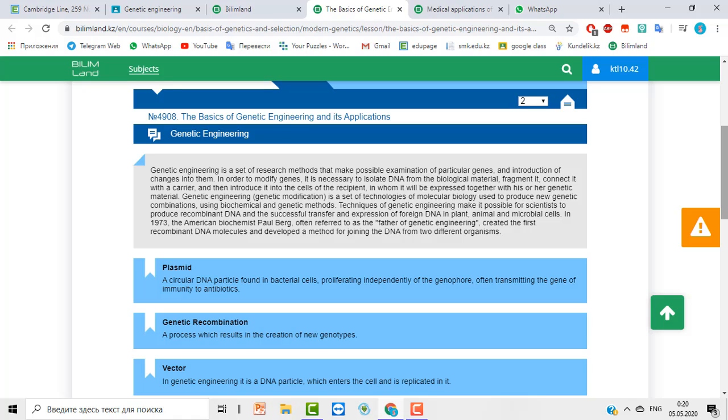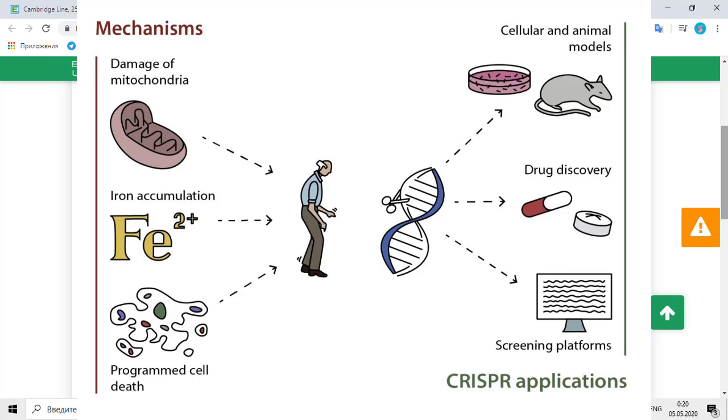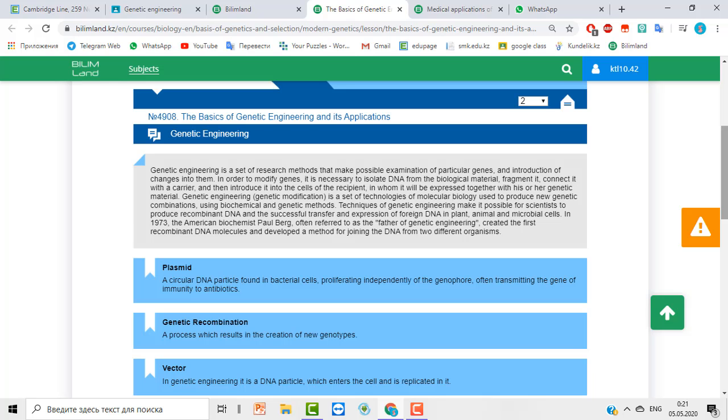So what is genetic engineering? It is a set of research methods that make possible examination of particular genes and introduction of changes into them. In order to modify genes, it is necessary to isolate DNA from the biological material, fragment it, connect it with the carrier, and then introduce it into the cell of the recipient, in whom it will be expressed together with his or her genetic material.